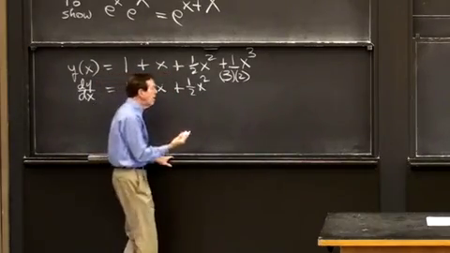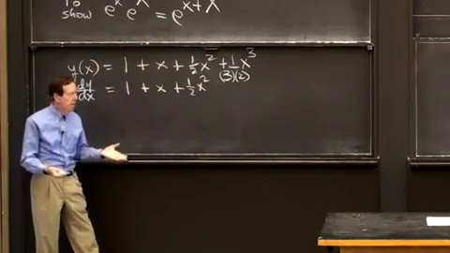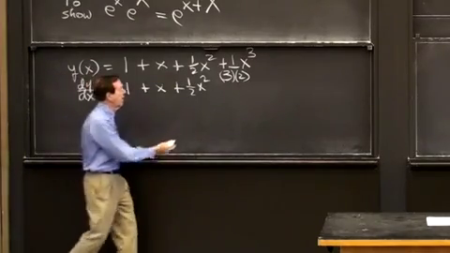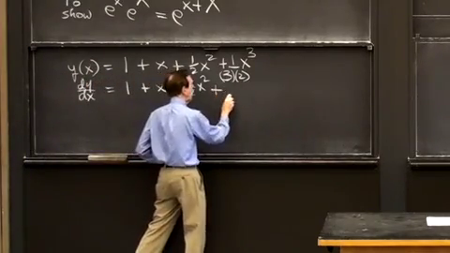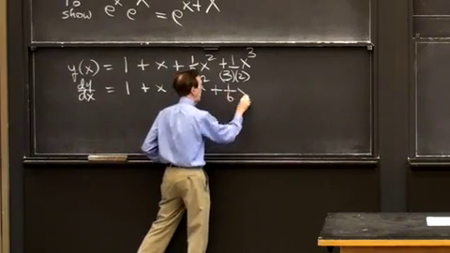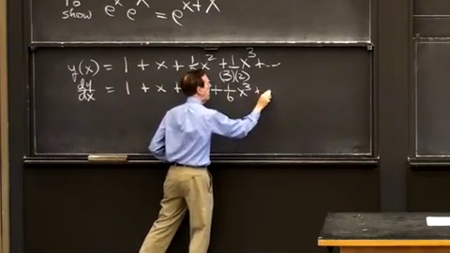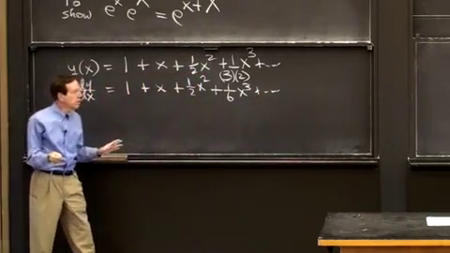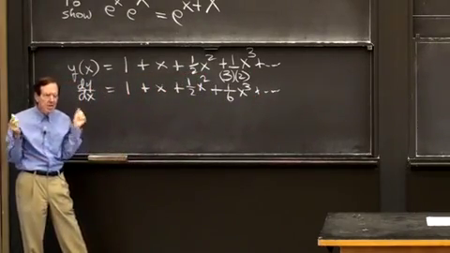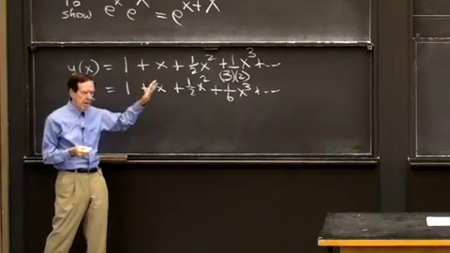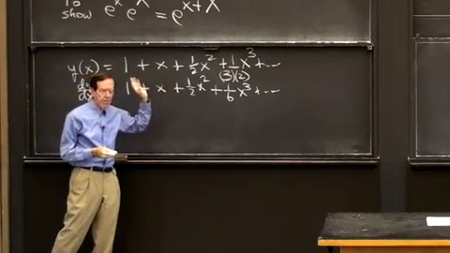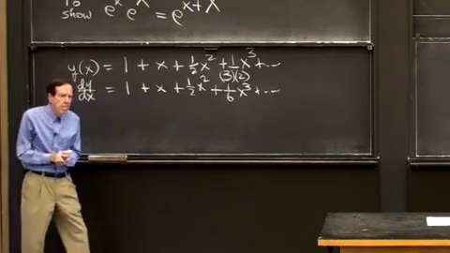And now, you know what's coming? These are supposed to be equal. I have to have this 1/6 x cubed down here too. And I never get to stop. Can you see, we have to see, okay, what is a typical term, after I've done this, say, n times?